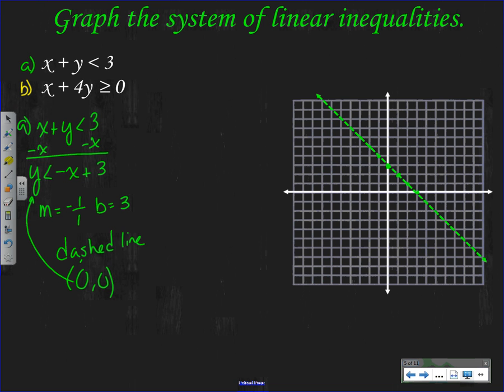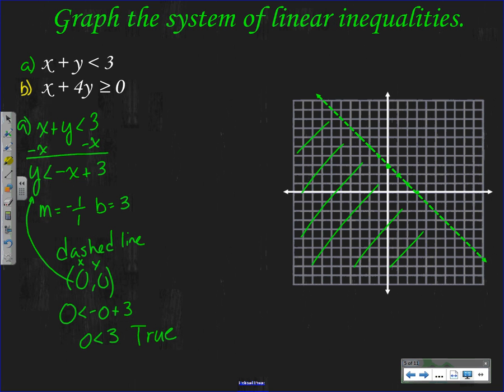So this is my x, this is my y. Is 0 less than negative 0 plus 3, or is 0 less than 3? Is that true or false? Well, yeah, that's true.